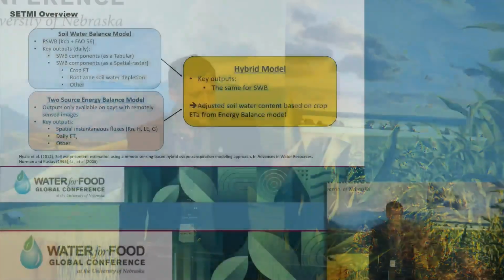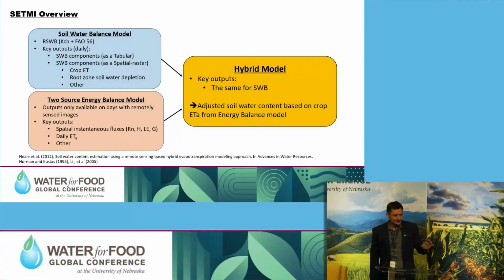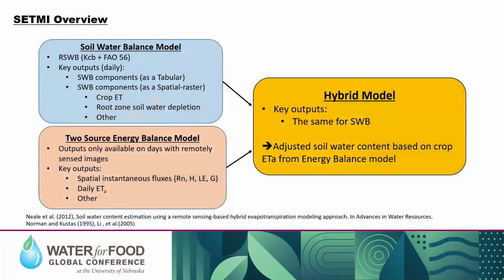So, the SETMI overview: as I said before, it is a hybrid model. SETMI runs the soil water balance model. We estimate the Kcb, the basal crop coefficient, from satellite images, plus the FAO-56 approach, and we can get the soil water balance components. We can have all the soil water balance components as a tabular or a spatial raster output on a daily scale.